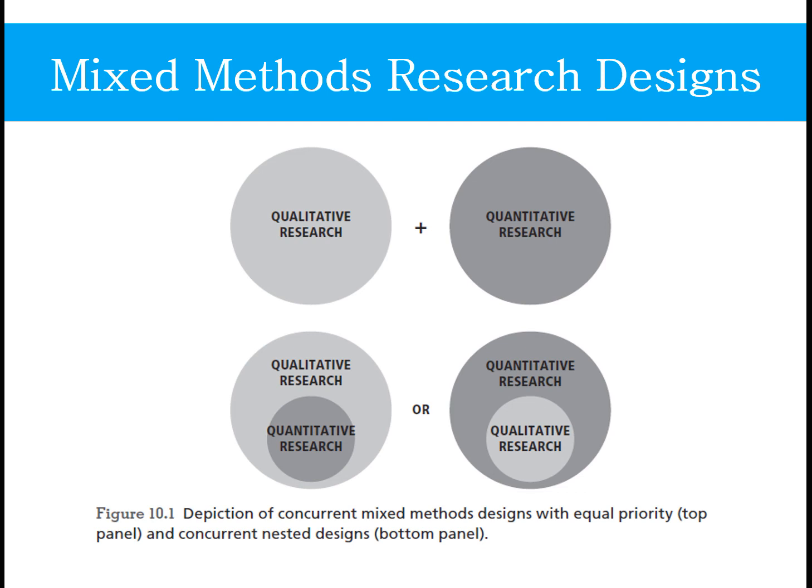However, you could have a nested design where, for example, your qualitative research on the left there could be taking precedence, and the quantitative research is a smaller component of it, perhaps a little survey, sample description, or that sort of thing. Whereas the quantitative research could take precedence, where qualitative might be smaller.